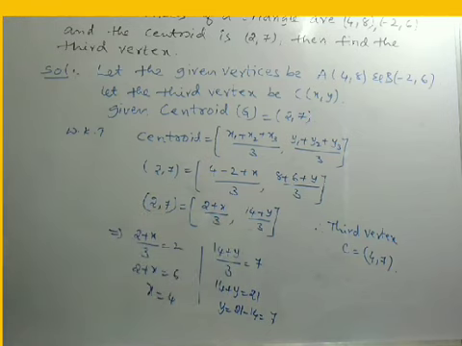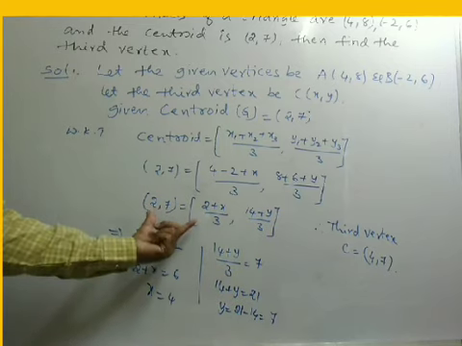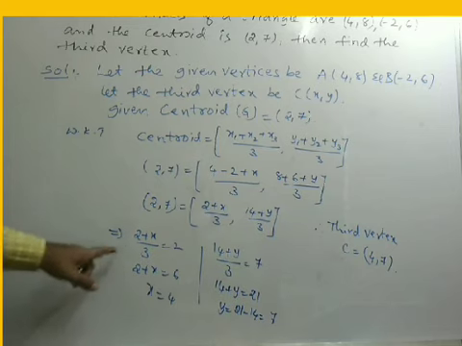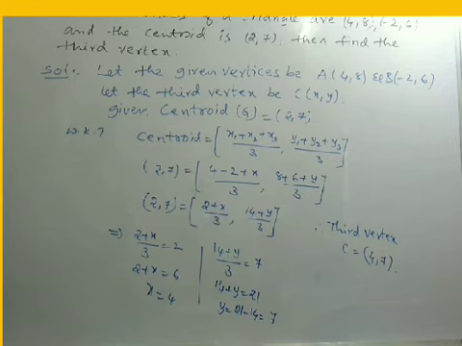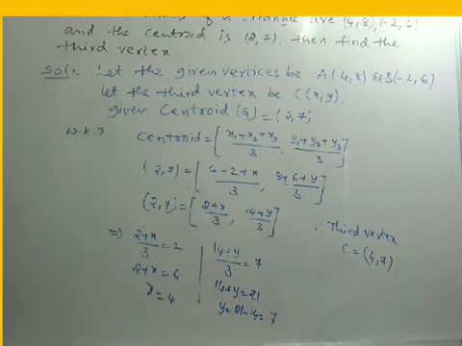Hence you can equate the x coordinates as well as the y coordinates. The x coordinate: (2 + x)/3 is equal to 2. On cross multiplication, 2 + x is equal to 6, and x is equal to 6 minus 2, which is 4. Similarly, equating y coordinates, (14 + y)/3 is equal to 7.